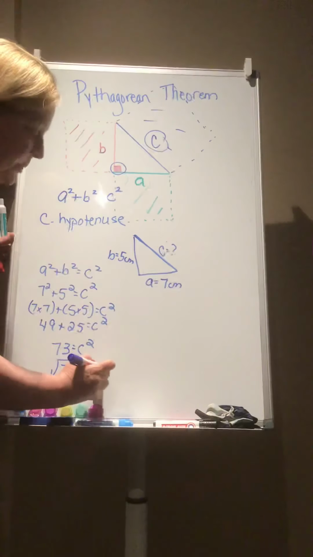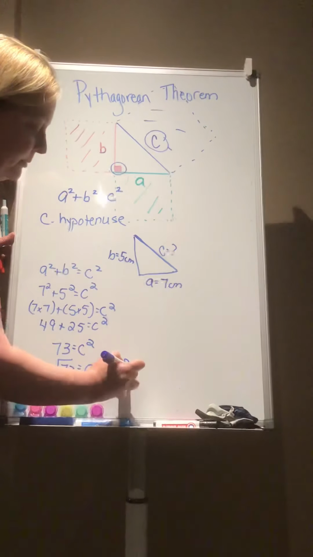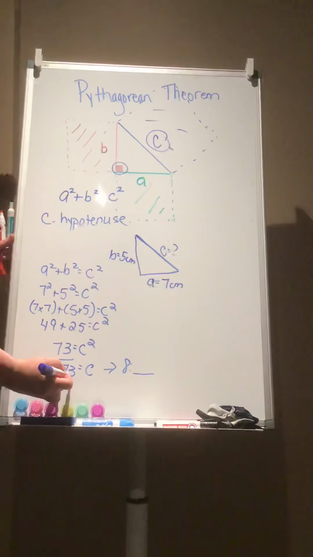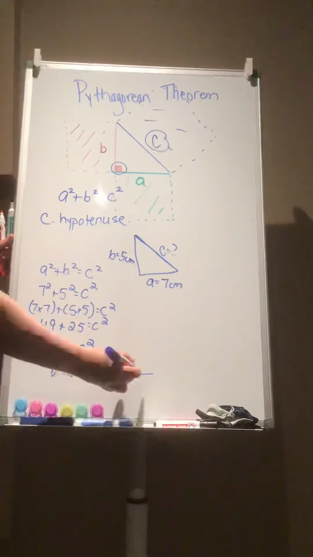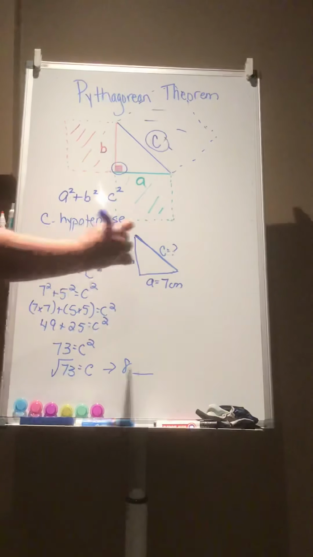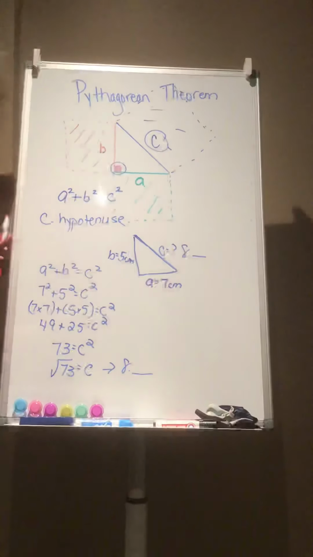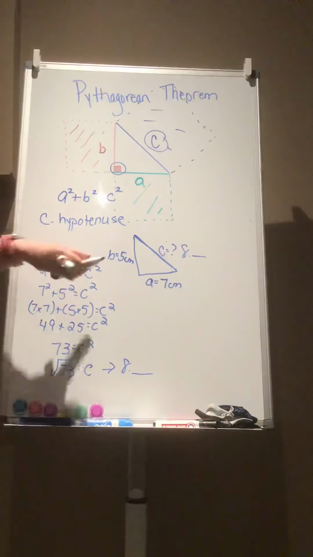So this is going to be 8 point something. If you plug 74 square root into your calculator, it will give you your answer, and that will be the length of C. So that is the Pythagorean theorem.